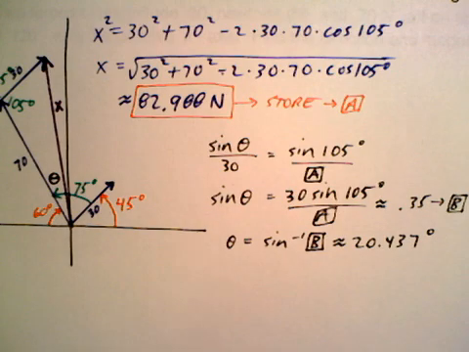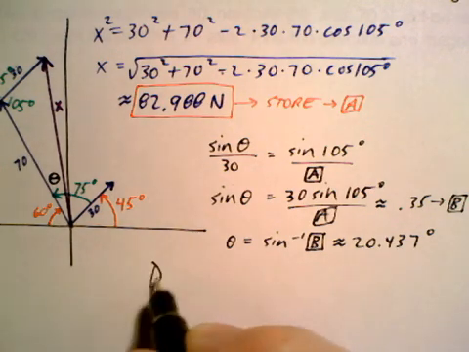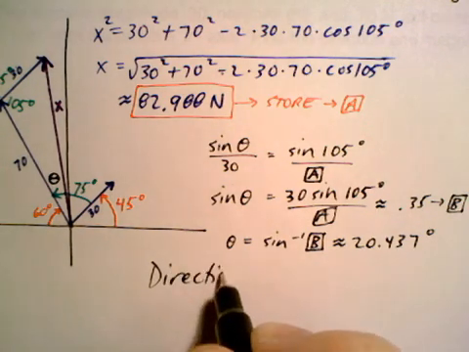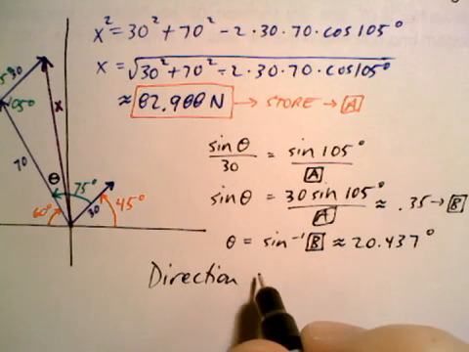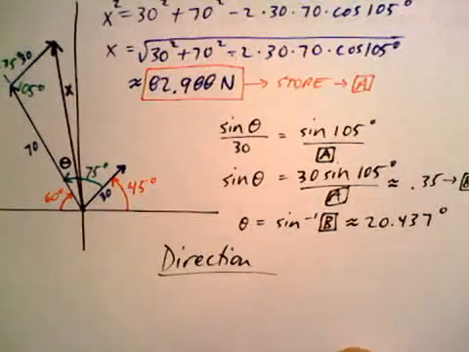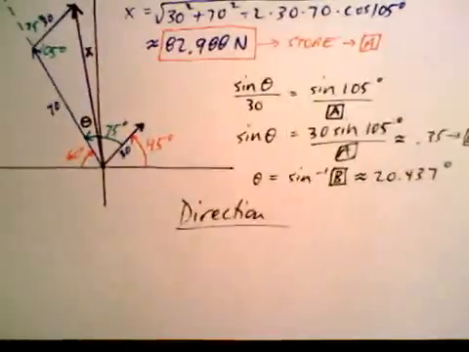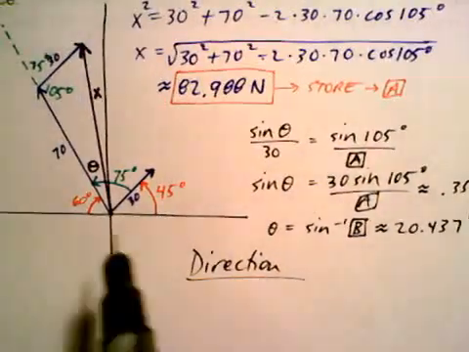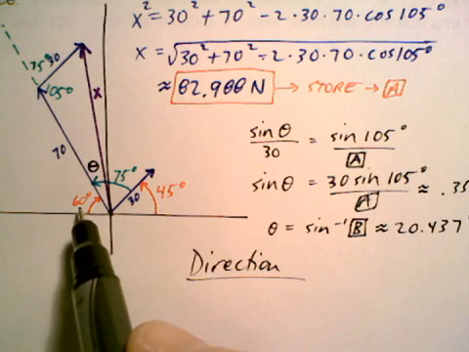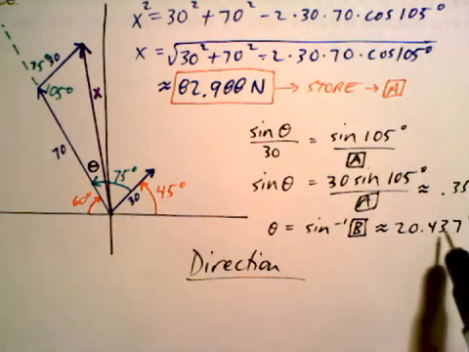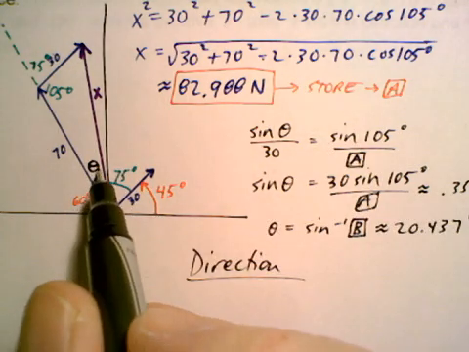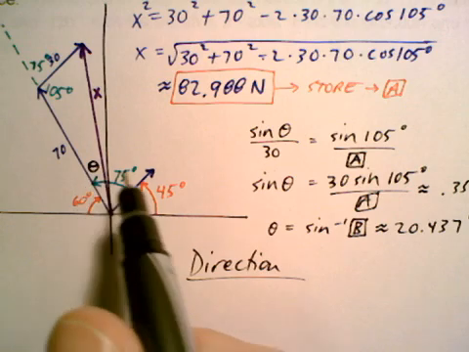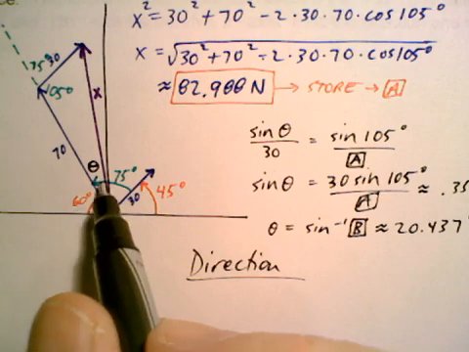Okay, we still don't have the direction, because the direction that these two vectors were given initially was with respect to the positive x-axis. So we'll stay consistent with that. And so to find the direction, let's figure out how we're going to do this. Okay, so adjusting things a little bit. Notice that if we take 60 and add it to that theta, we're going to get the angle on the other side.